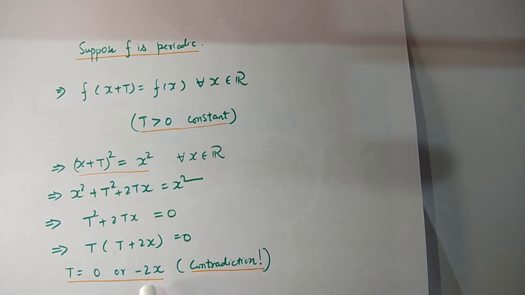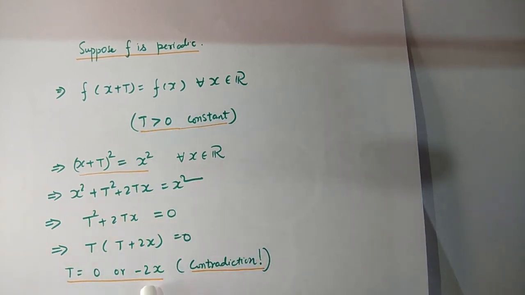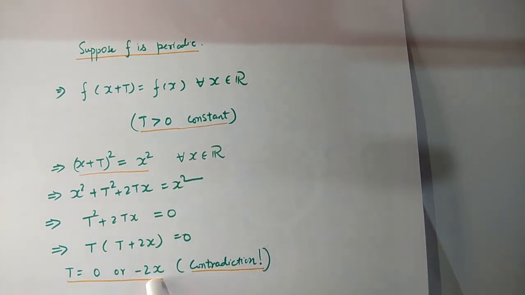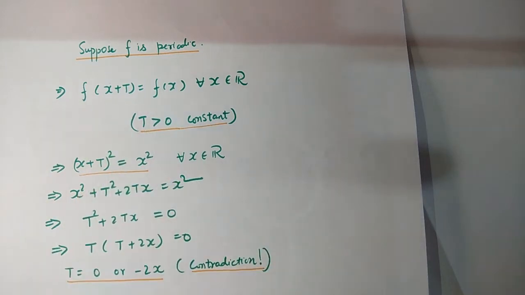Now in both of these cases, t cannot be a period, because t equal to 0 is unacceptable because of this assumption, and also t must be a constant. Here t is equal to minus 2x, which is not a constant. It depends upon the value of x. So we can conclude that again our assumption that f of x equal to x square is periodic is false, and hence by contradiction we have proved that f is indeed an aperiodic function.